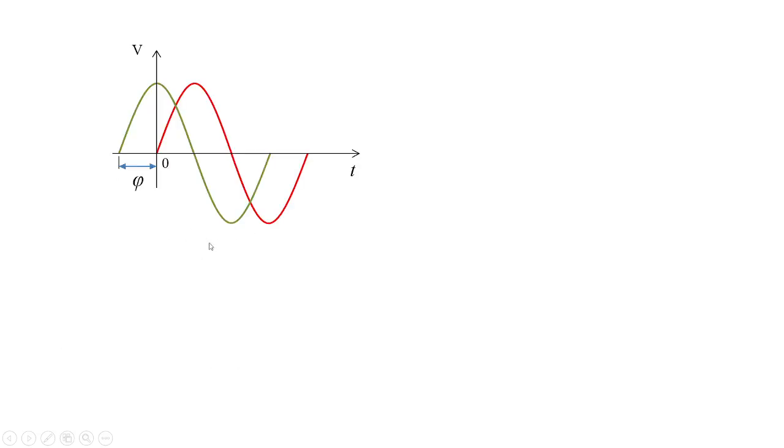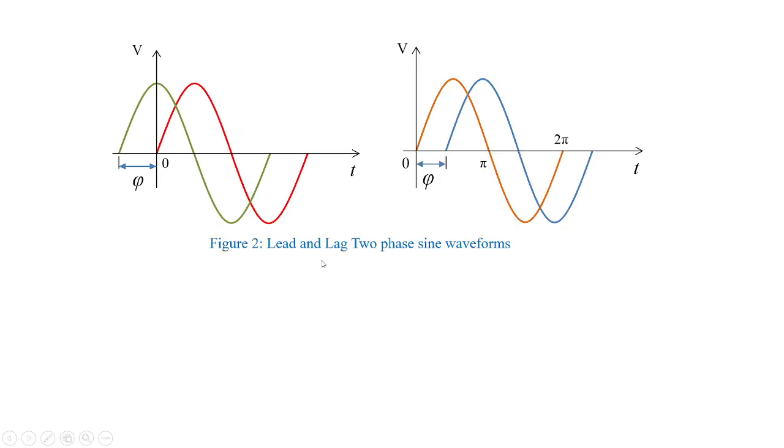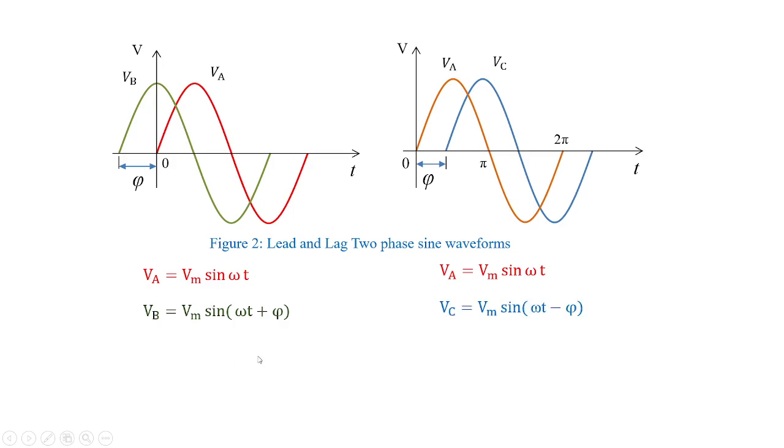Now, what if we have two sine waveforms? This is shown in figure 2 as lead and lag of two phase sine waveforms. In the first case, you can see we have waveforms VA and VB, and waveforms VA and VC.